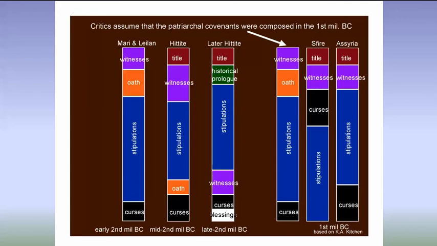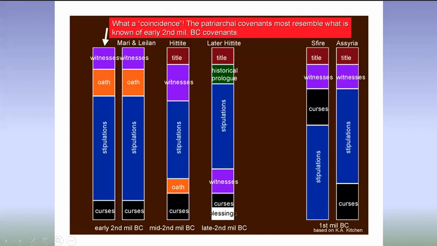So we compare those patriarchal covenant forms with the first millennial forms, and we don't see a real significant comparison there. However, when we compare to the early second millennium BC forms, the oldest forms that we have, we see a real good similarity.